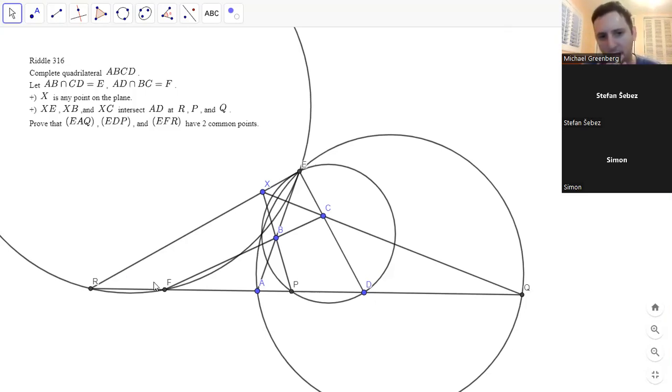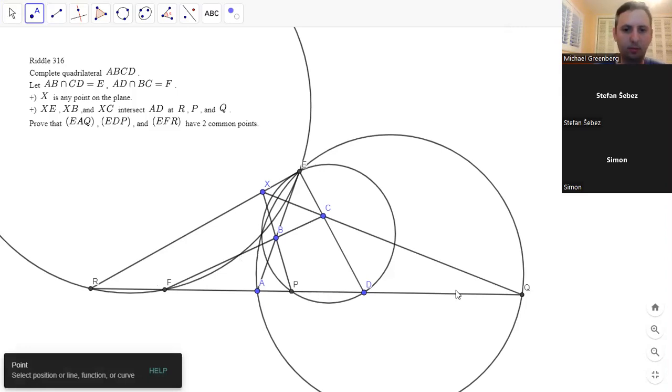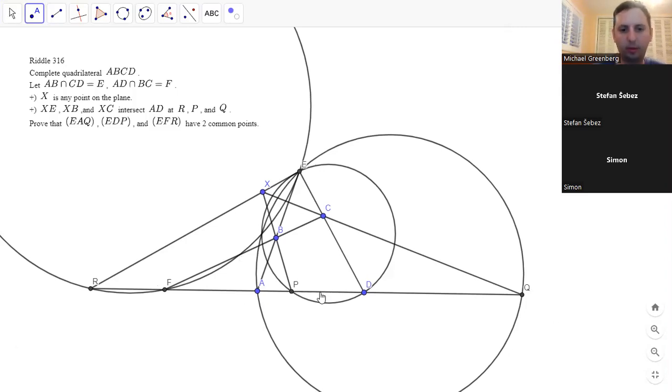Okay. And there is also a theorem that says that any involution on a line is an inversion. So I think then you can do some power of a point when you take the center of that inversion, and you get that they are coaxial. So there has to be some point on AD that inverts all of them to each other.